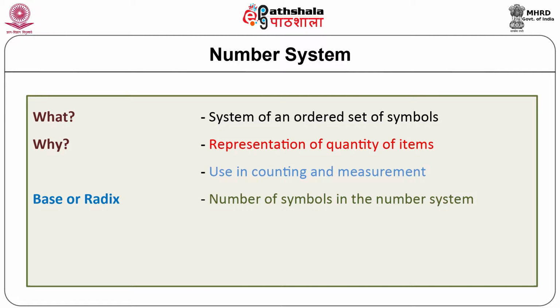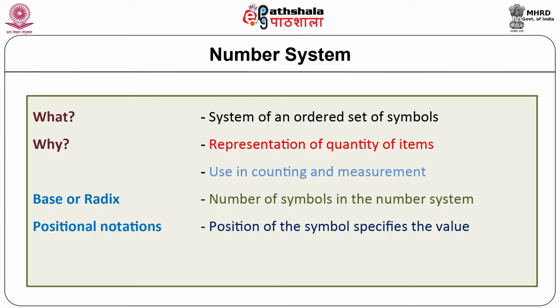All modern number systems use radix or base representation. The number of different symbols is restricted to the base or radix quantity. A special symbol is used to represent nothing, 0. Every symbol has positional value in a number.